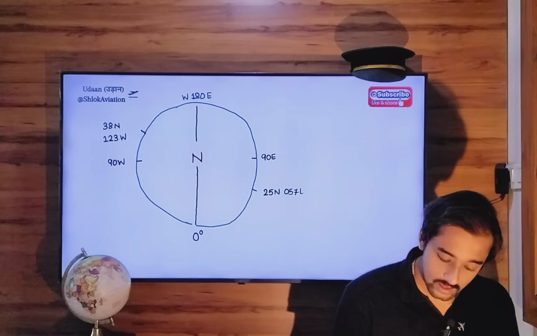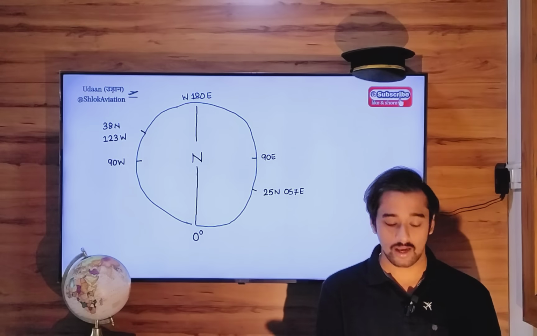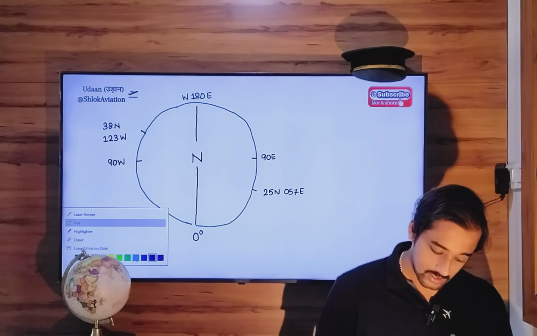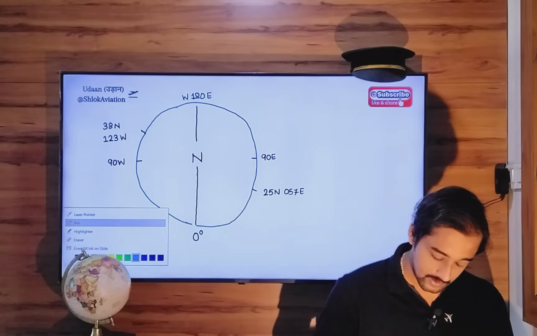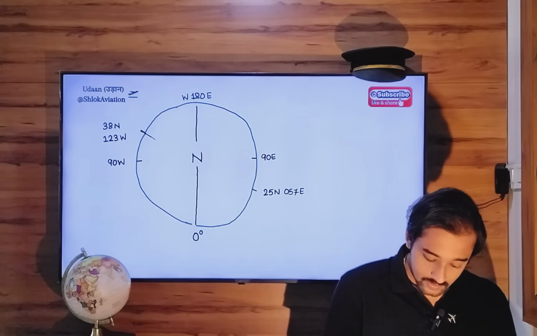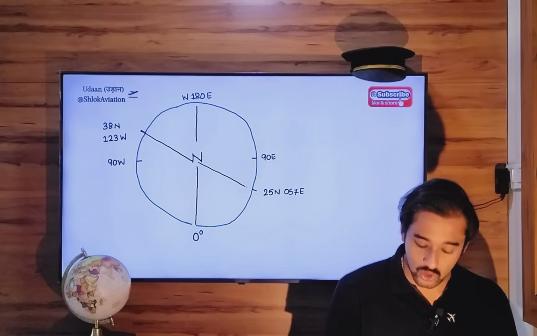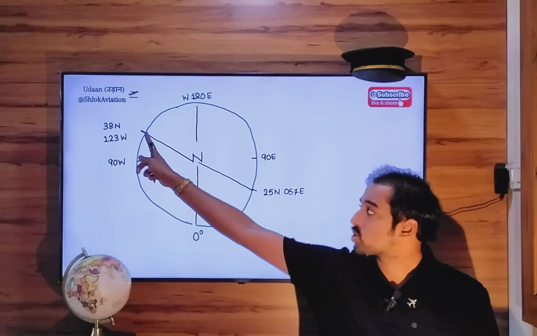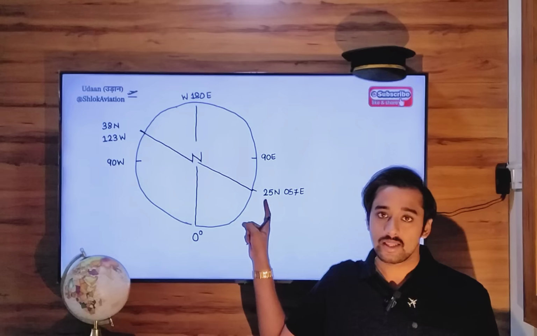Since they are located on meridian and anti-meridian, the anti-meridian is on the other side of the earth. So this is the great circle track joining San Francisco and Dubai.